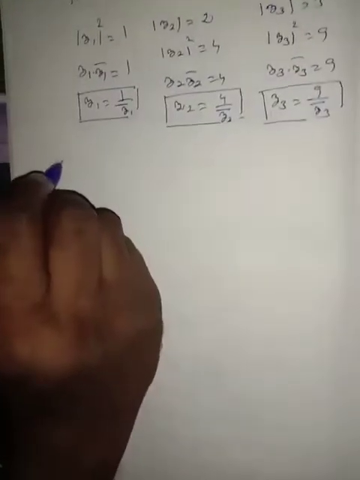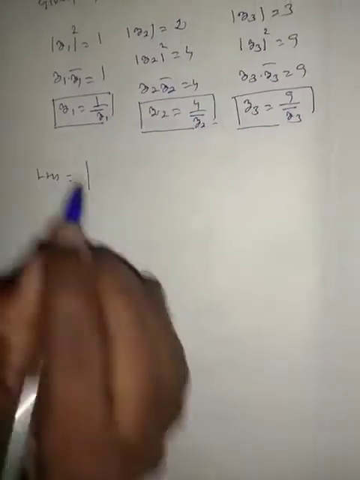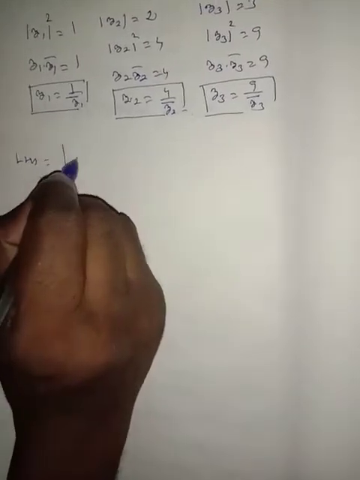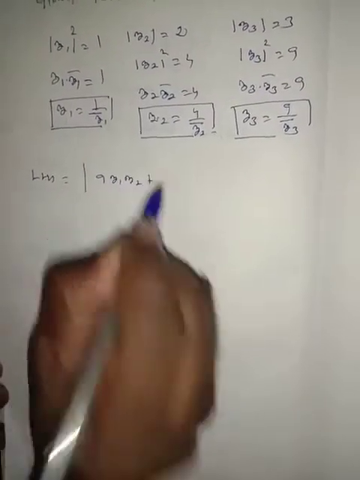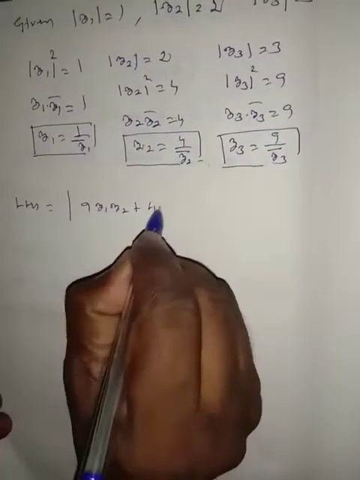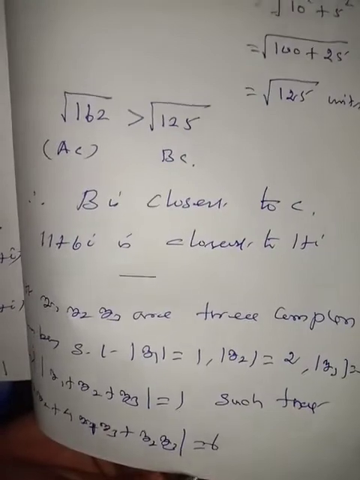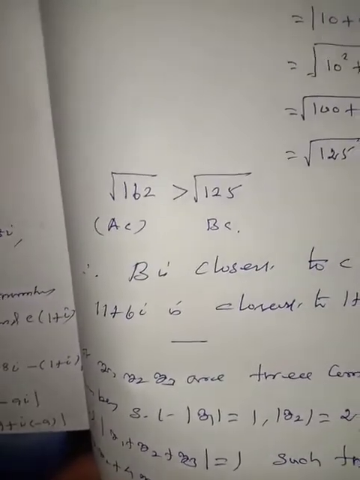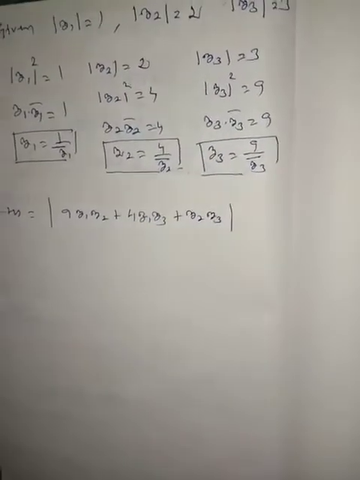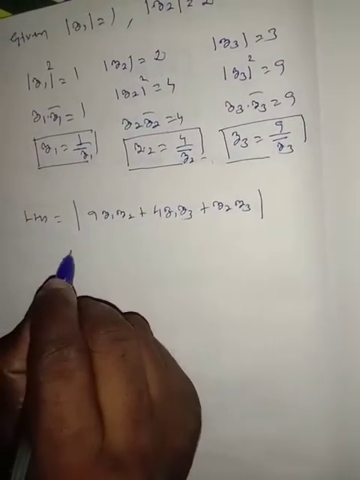Now the LHS is equal to the modulus of 9 Z1 Z2 plus 4 Z1 Z3 plus Z2 Z3.